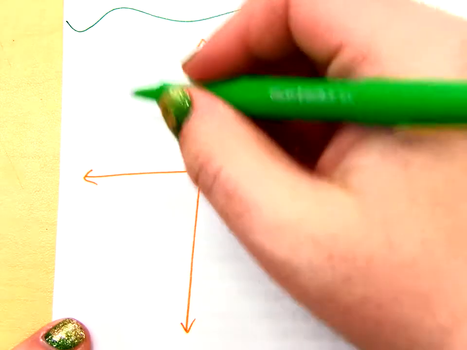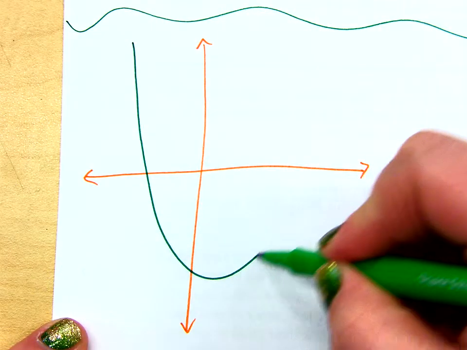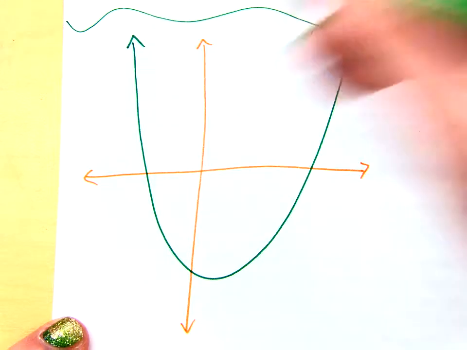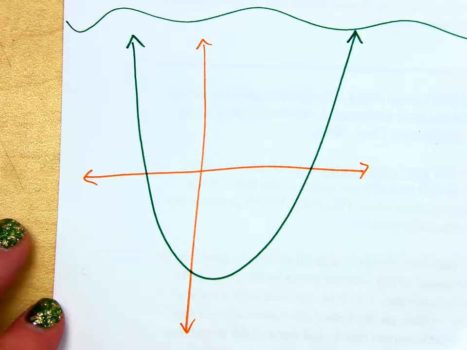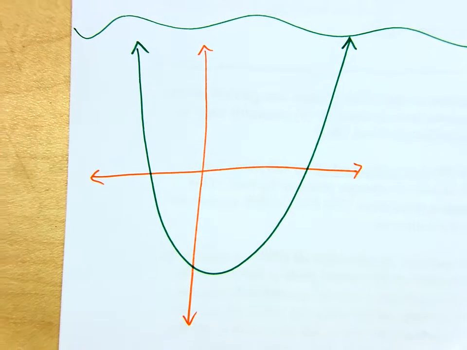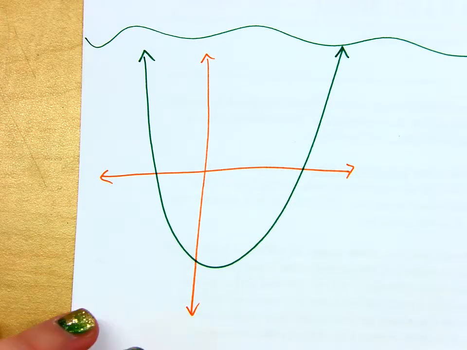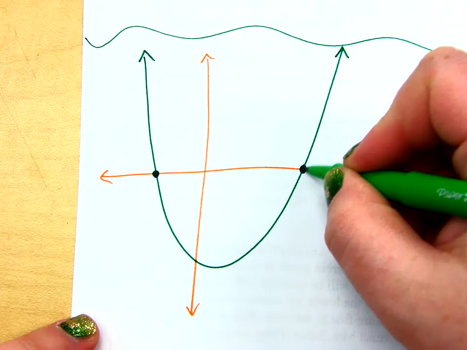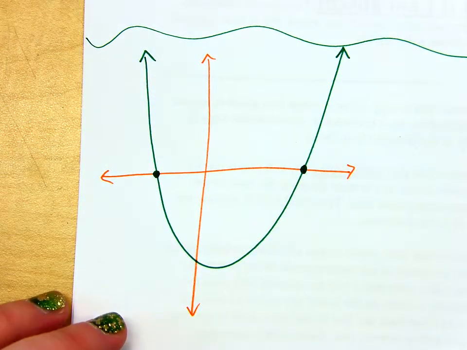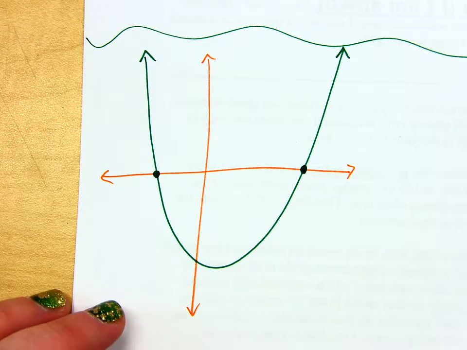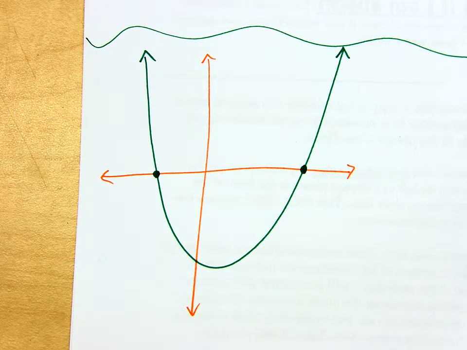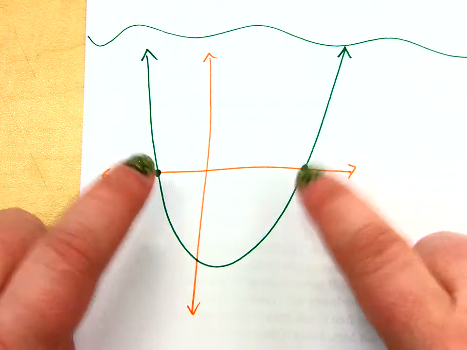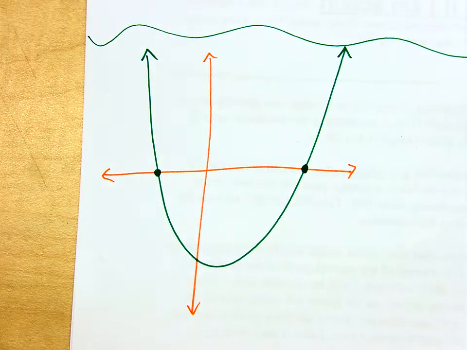Oftentimes, when you draw a parabola in the coordinate plane, and it looks something like this, it's going to cross the x-axis. How many times did this one cross the x-axis? Twice. Those spots where it crosses the x-axis, whatever those values of x are, that's what we refer to as the solution to the quadratic. So when you solve a quadratic, you are actually finding where that quadratic crosses the x-axis.